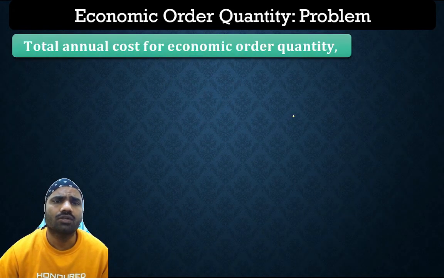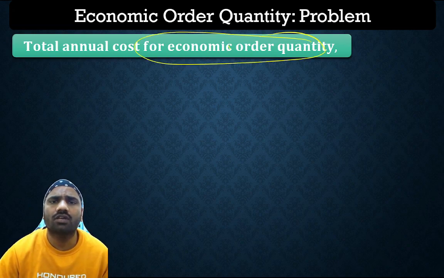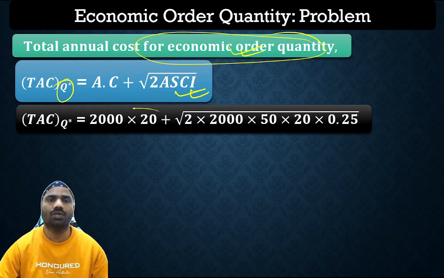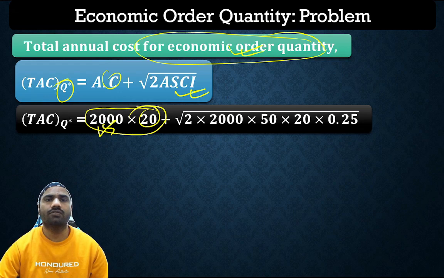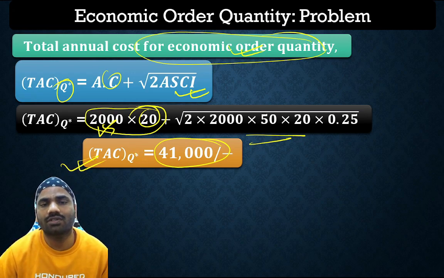So we can find the total annual cost for the economic order quantity, which is AC plus the square root of 2ASCI, and we have A as 2000, C as 20, and these values are given. After solving, we will find that the total annual cost at economic order quantity is 41,000.